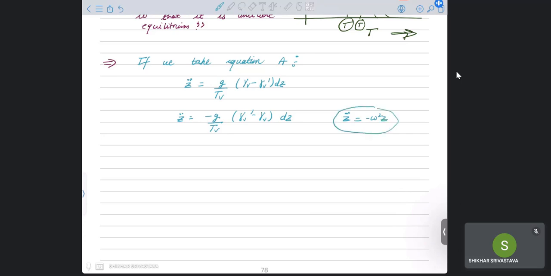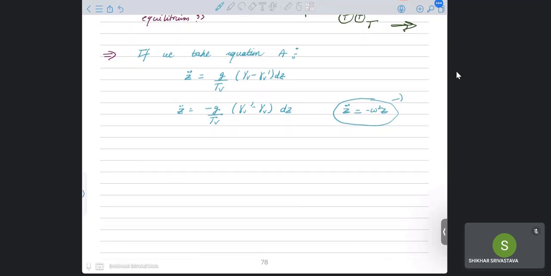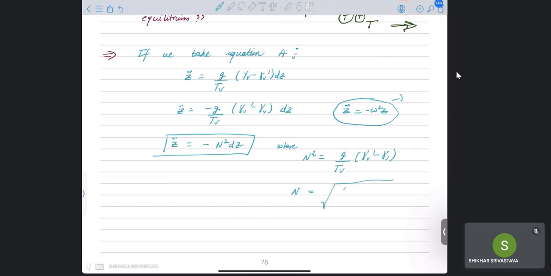This is the equation of the simple harmonic oscillator, where omega is a frequency. So you can write this as z double prime is equal to minus n square dz, where n square is equal to g upon Tv (gamma v prime minus gamma v), or n will be equal to the square root of g upon Tv (gamma v prime minus gamma v).